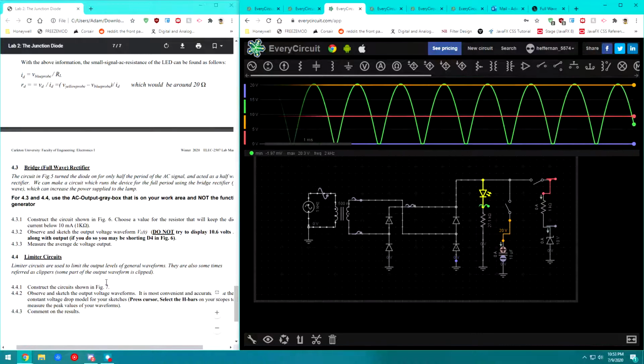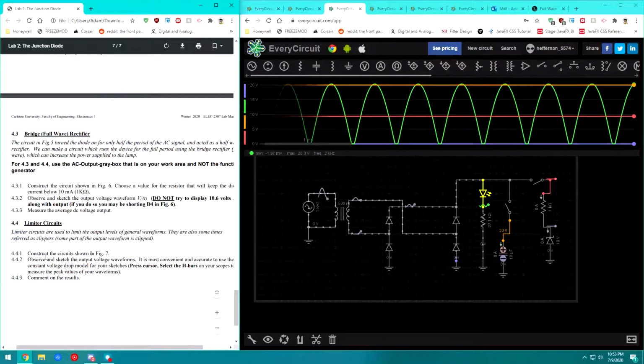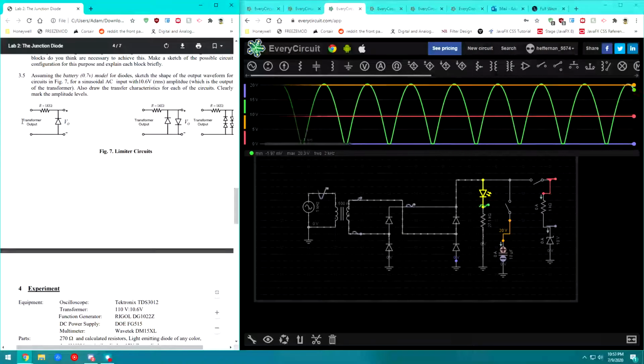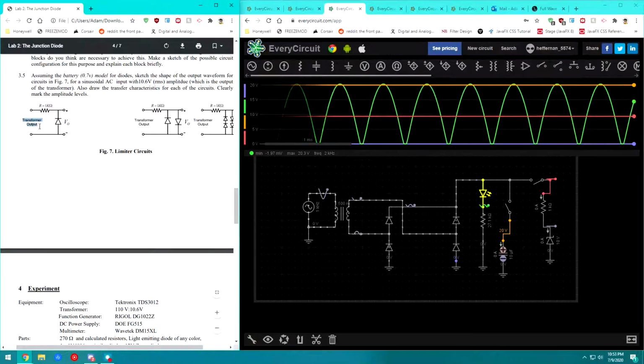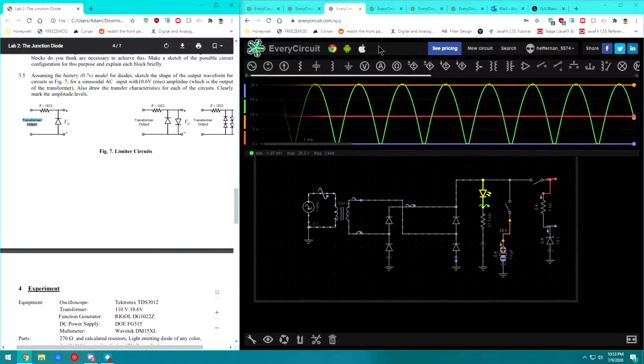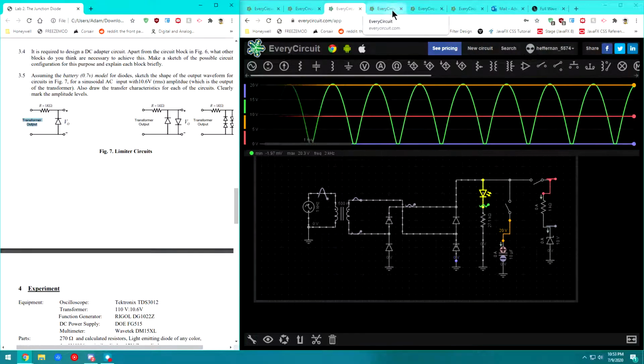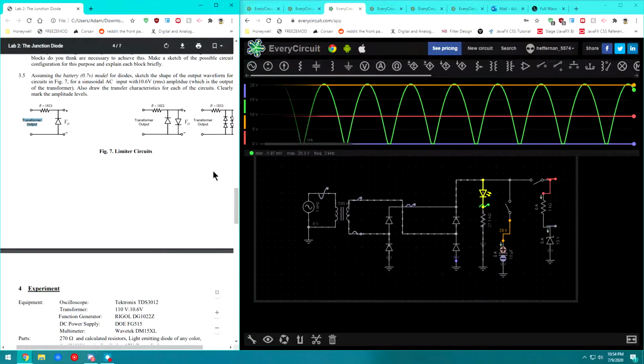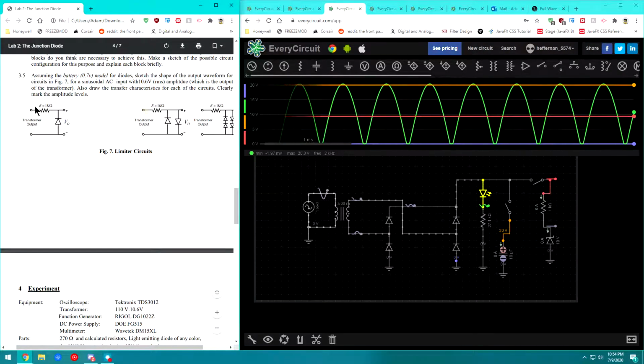And last but not least, let's do the circuits shown in Figure 7. So those are these ones. We're again going to connect the transformer output, which we don't really need in this case because we already have a sinusoid of whatever amplitude we want, at 1 kilohertz.